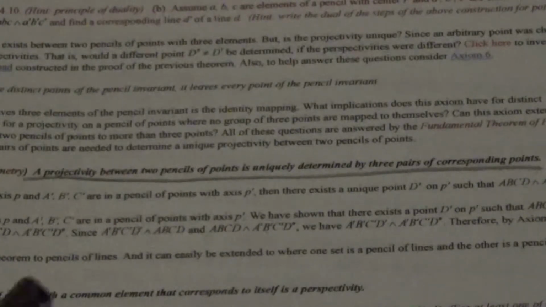Now we can also take the dual of this theorem, and that's basically saying we can swap pencils of points for pencils of lines. So really it's saying a projectivity between 2 pencils of lines, i.e. points, is uniquely determined by 3 pairs of line segments, basically.